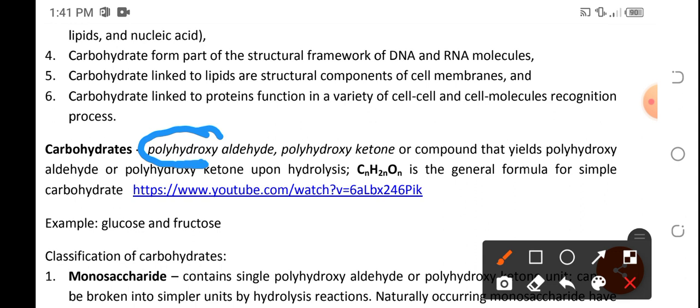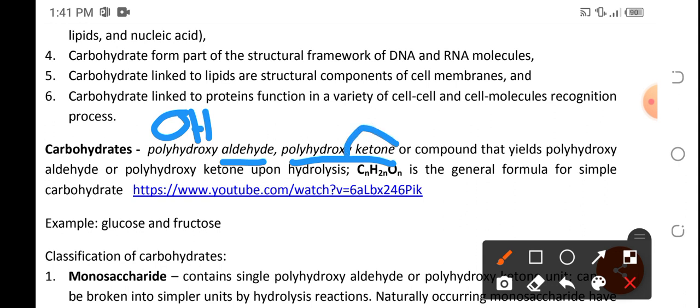Polyhydroxy. When you say polyhydroxy, madaming OH group. Okay, polyhydroxy means there would be hydroxyl groups, aldehyde, and polyhydroxyketone. So there are two groups for the carbohydrates. Could either be polyhydroxyaldehyde and polyhydroxyketone.